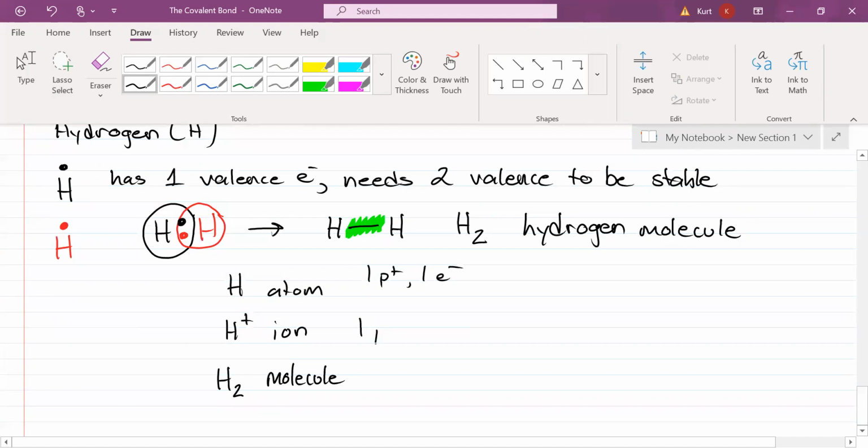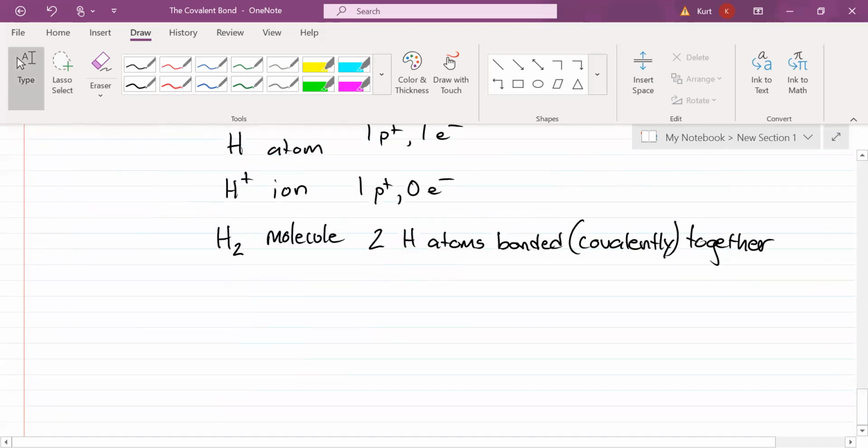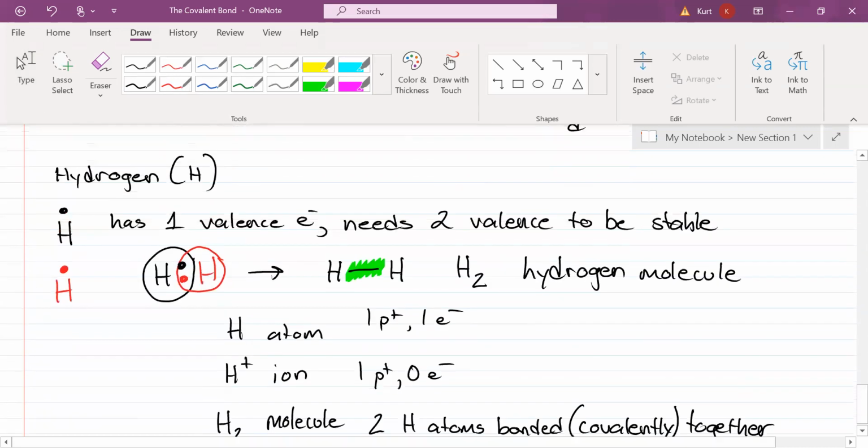An ion has 1 proton, 0 electrons. And the molecule is 2 hydrogen atoms bonded together covalently. Okay, so that's the hydrogen.